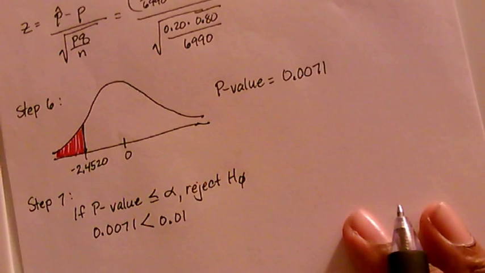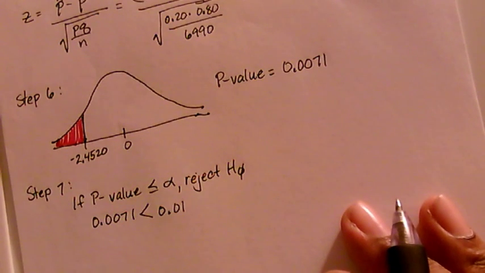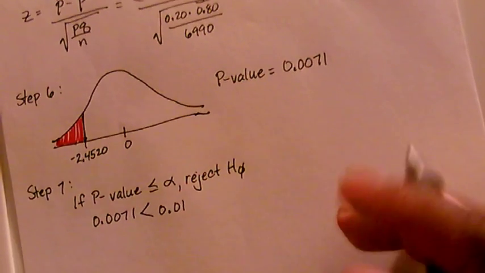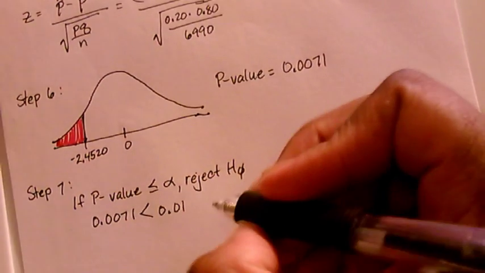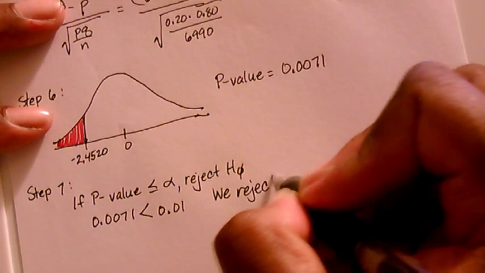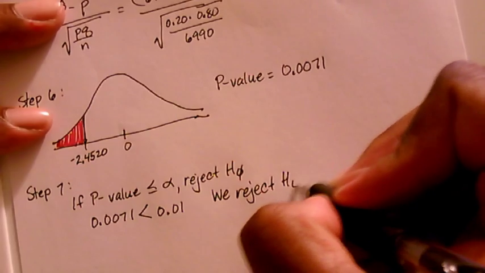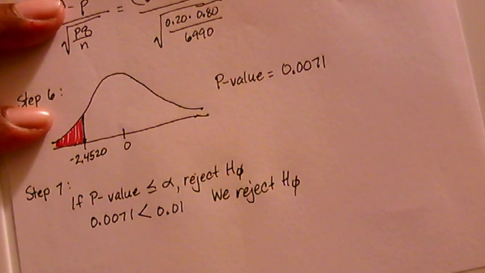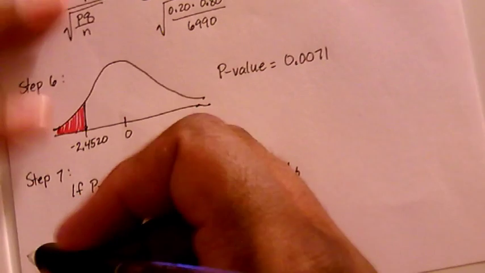In this case, that is less than 0.01. Your p-value is less than your level of significance, so we can say that we reject the null hypothesis. And in this case, our claim was the alternative hypothesis. We rejected the null, so that means that there is sufficient evidence to support the claim.